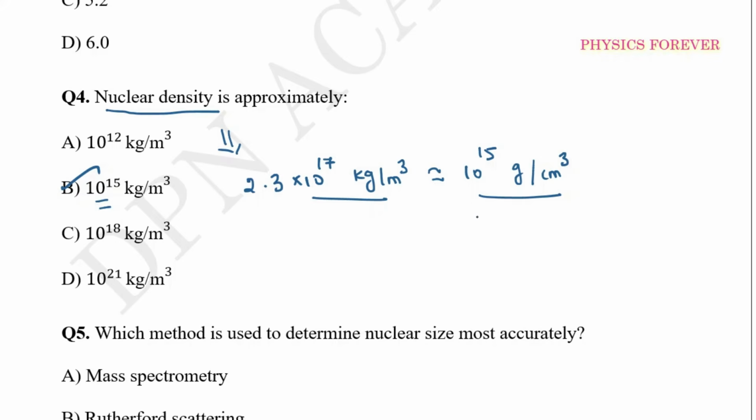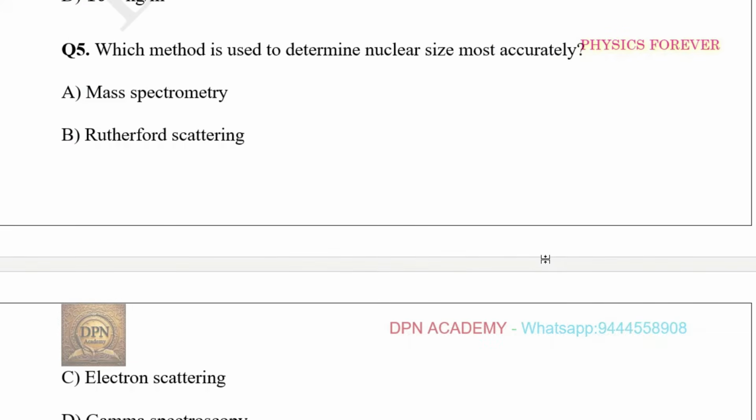So this constant should be equal to, then we have to convert this kilogram per meter cube to gram per centimeter cube. Okay. So question number 5, which method is used to determine nuclear size more accurately? Which one is correct?